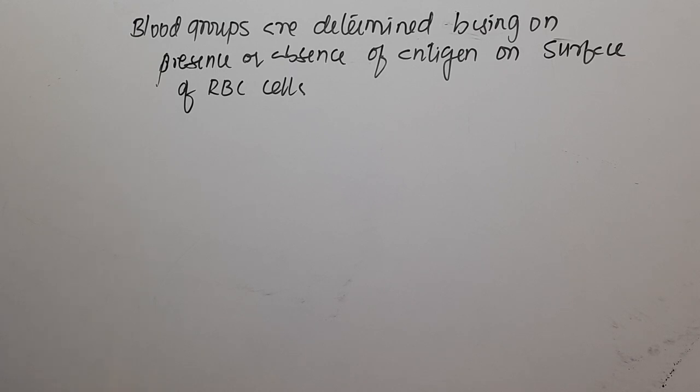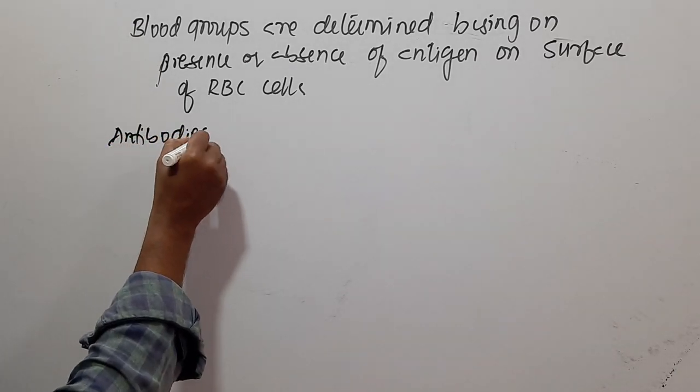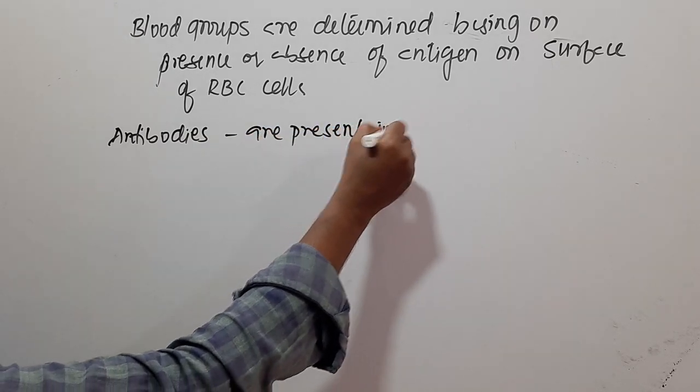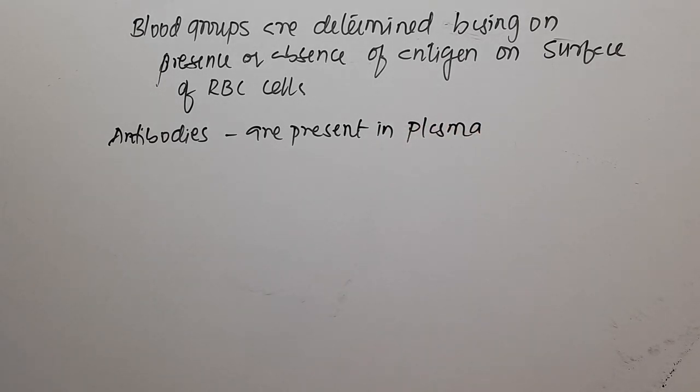The blood groups are not determined based on the presence or absence of antibodies. Antibodies are present in plasma, whereas antigens are present on the surface of these RBCs.